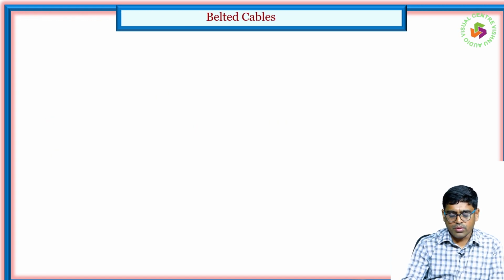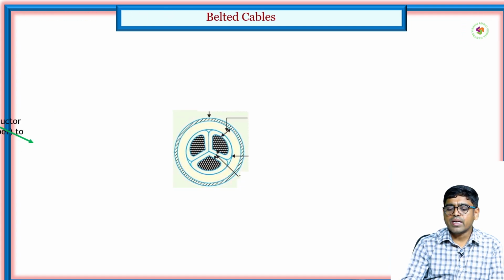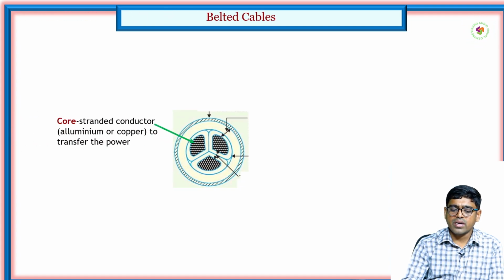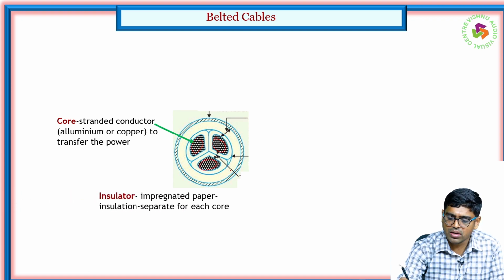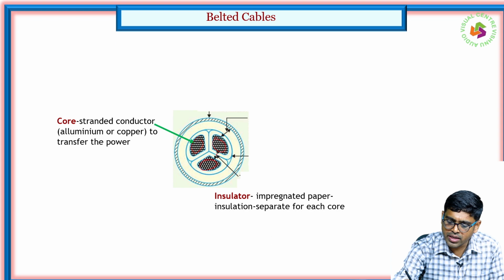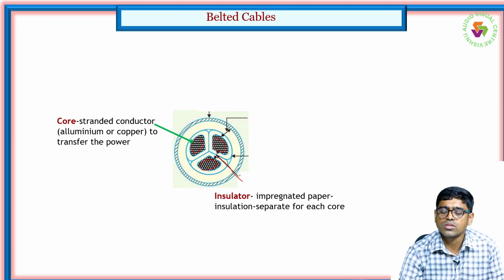First one is the belted cable. And what is this belted cable? You can see that it has the cores. These are the cores, and between these cores we have insulation.